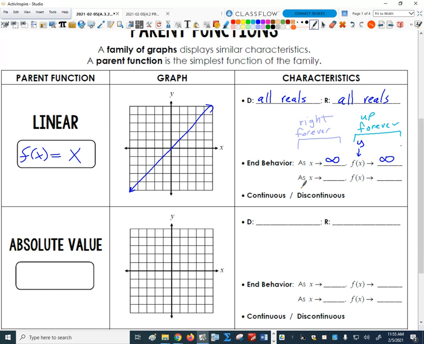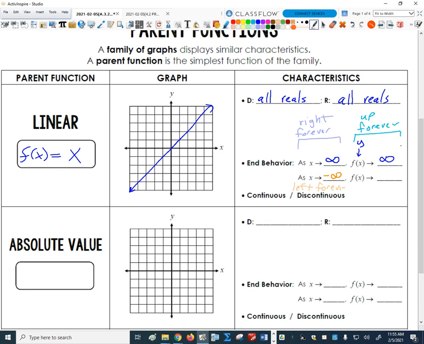So how would I say that? What's he approaching? Negative infinity. There you go, negative infinity, right? And that's our fancy way of saying left forever. And what's happening to the y values when the ant goes left forever on this graph?